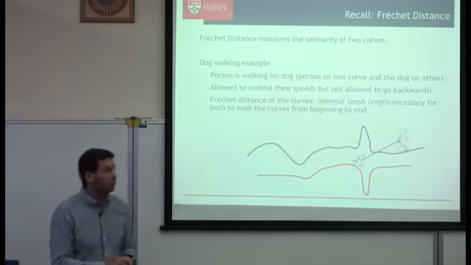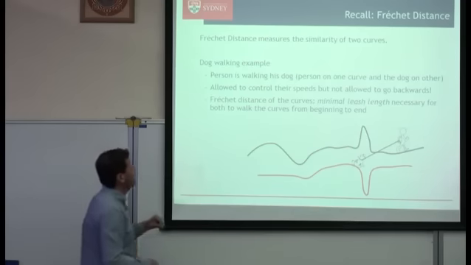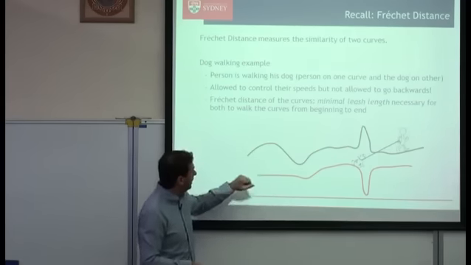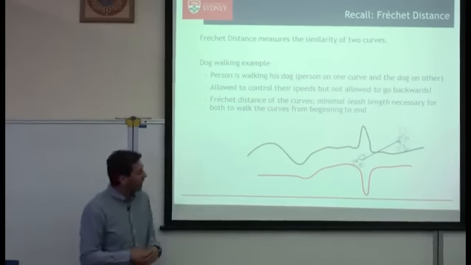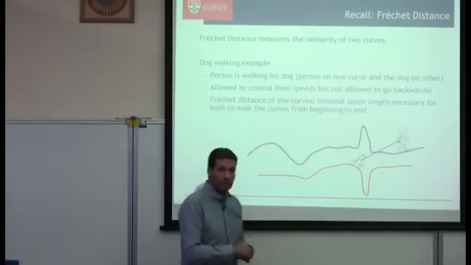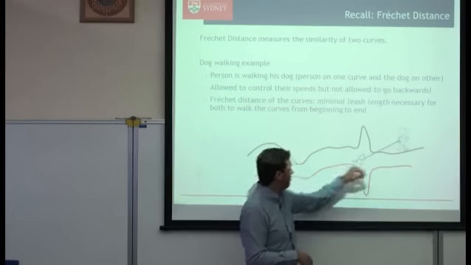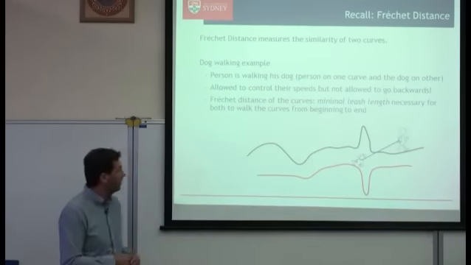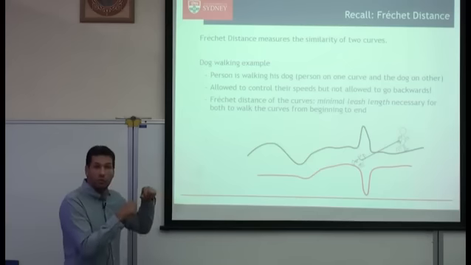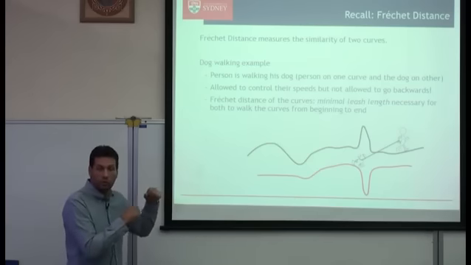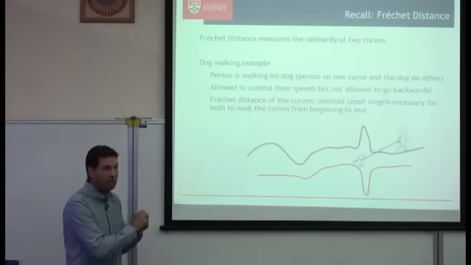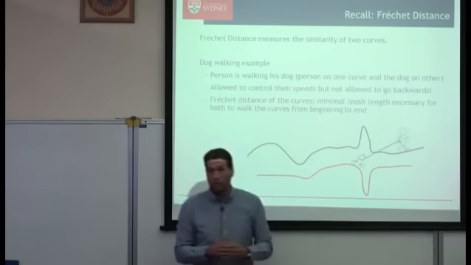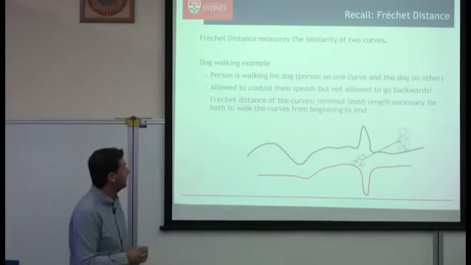Okay. So, as I said, we're going to use the Frechet distance. And just to recall what the Frechet distance is, it measures the similarity between two curves. So, we have two curves, the blue one and the red one. The easiest way to think about it is a person walking along the blue path and a dog walking along the red path. And then we have to move the person and the dog from the start of the curves to the end of the curves. And we want to minimize the maximum distance between the person and the dog.